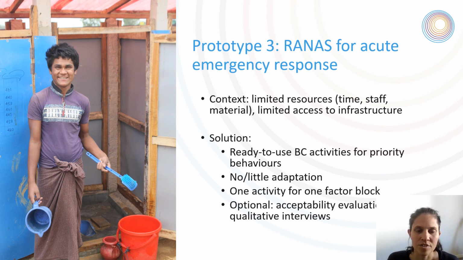The activities would need no or only little adaptation to the context, and would also be very limited in terms of that there would be activities for each of the 5 factor blocks. And optional would be to evaluate the acceptability of the users.